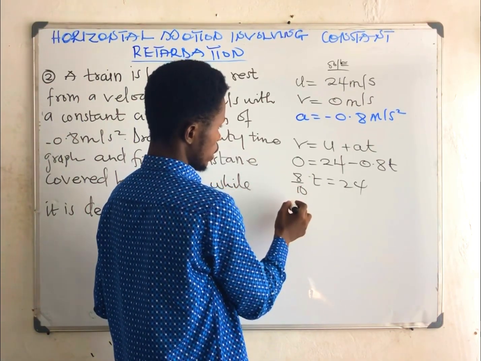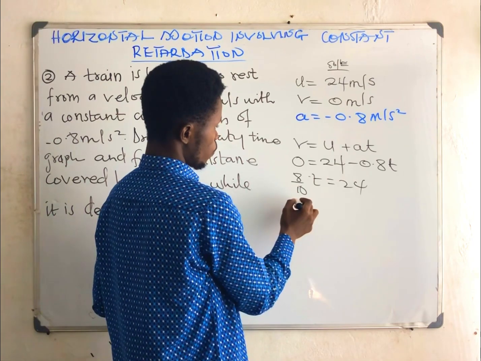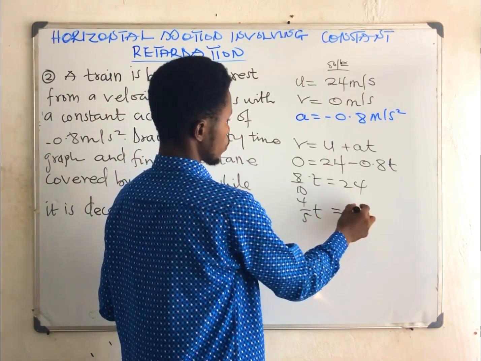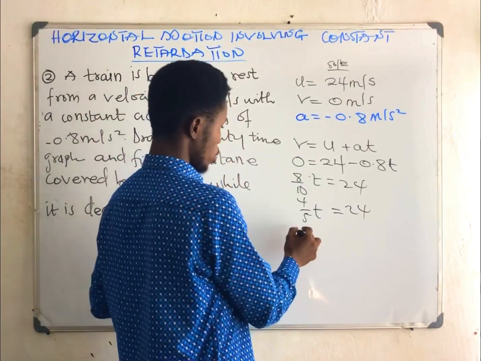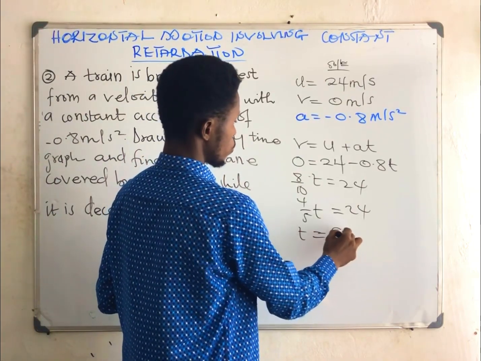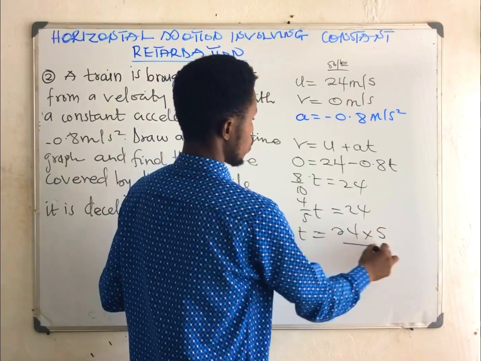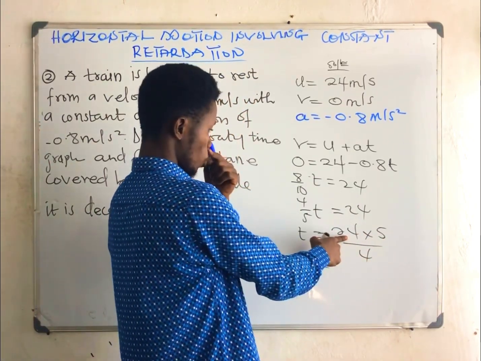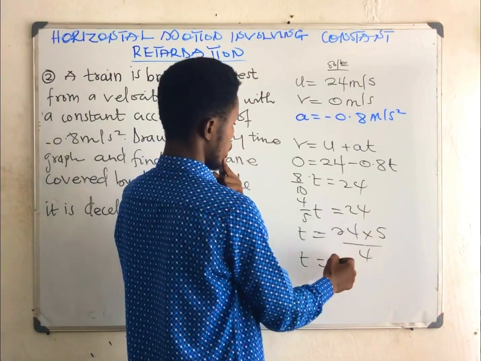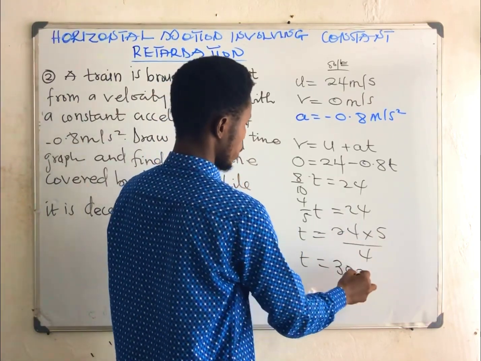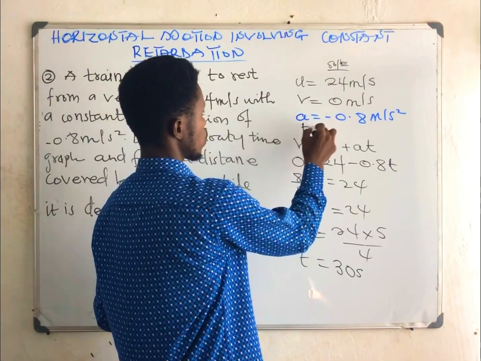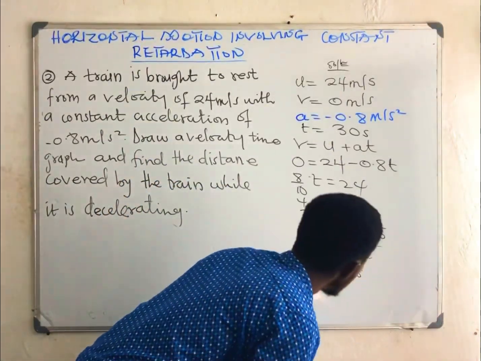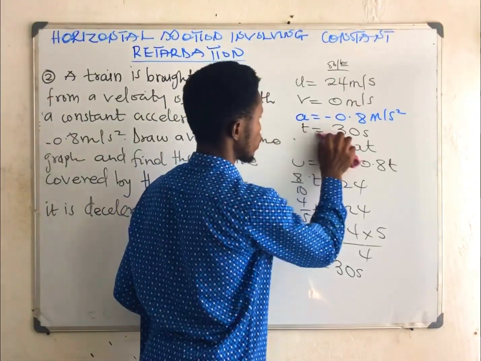Which is the same as 4 over 5. So 4/5 T is equal to 24. So this will be T equals 24 times 5 over 4. 4 goes into 24 six times, 6 times 5 is 30 seconds. So our time will be 30 seconds.